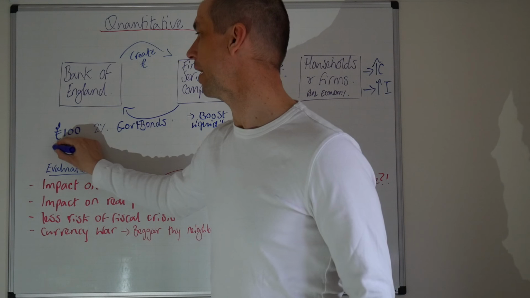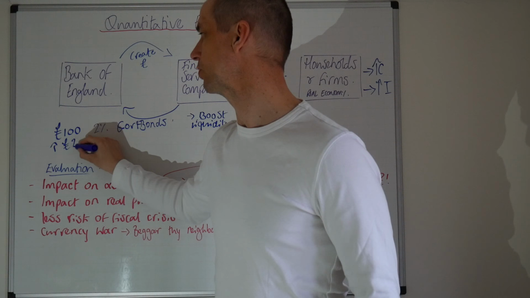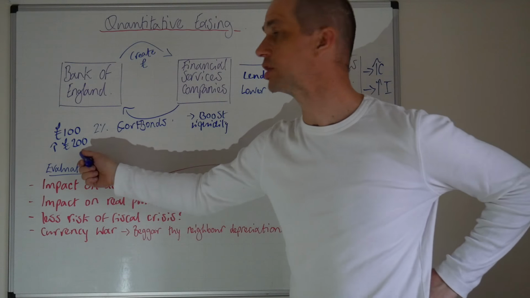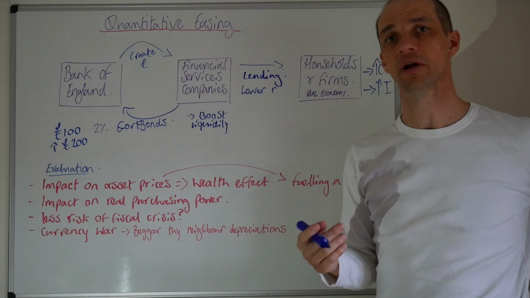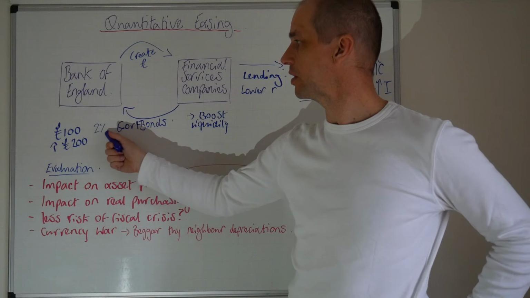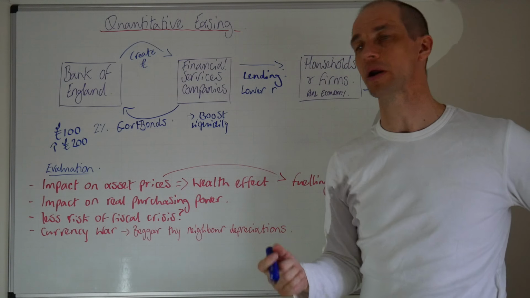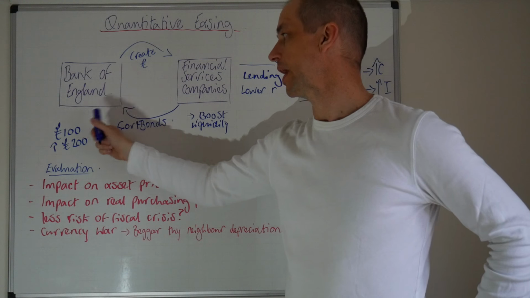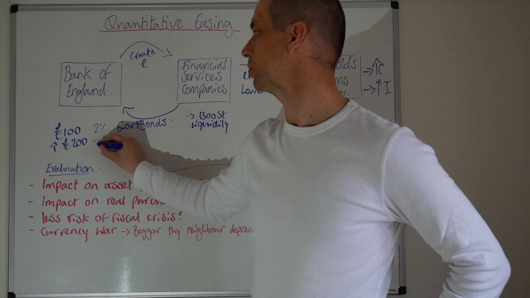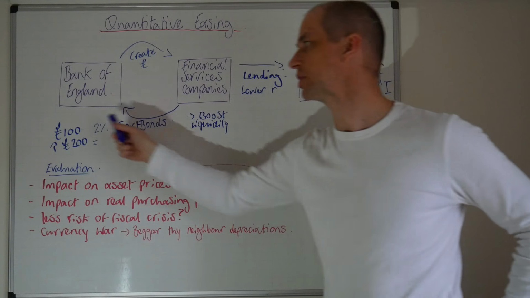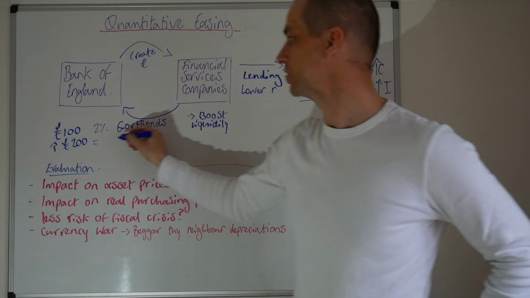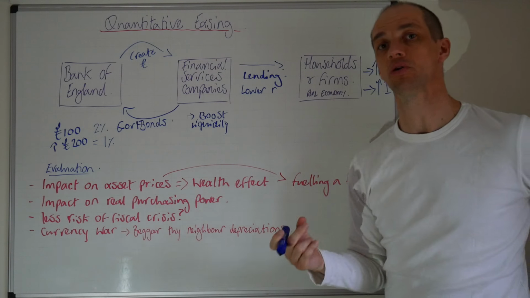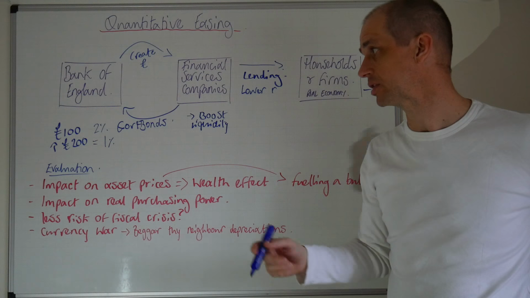So let's say the market went absolutely wild and the price doubled to £200 from £100. They were getting a 2% rate of return, which would equate to £2 on that £100, but now we're still getting that £2, which on £200 means that the interest earned on that bond would come down to just 1%.